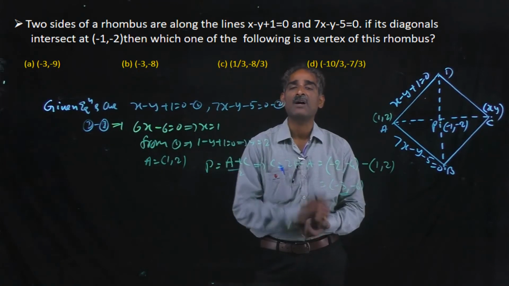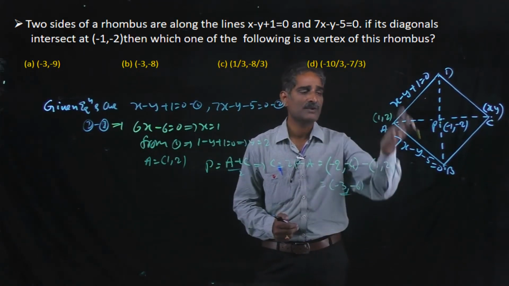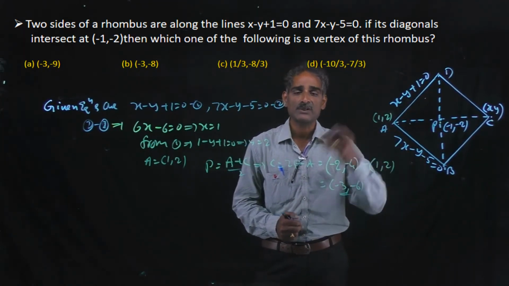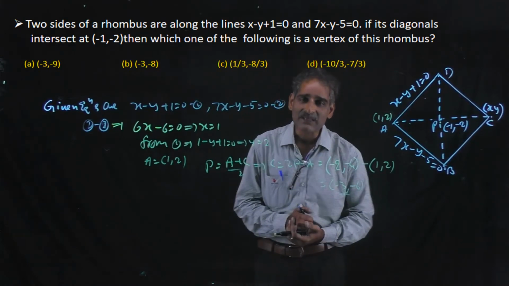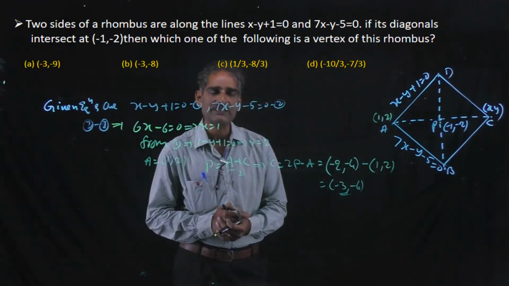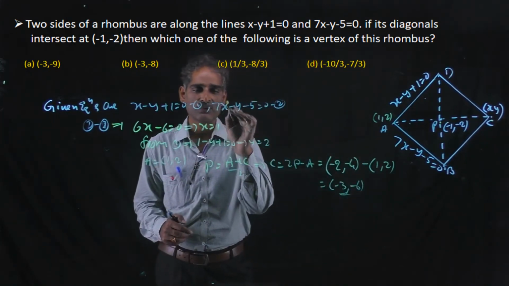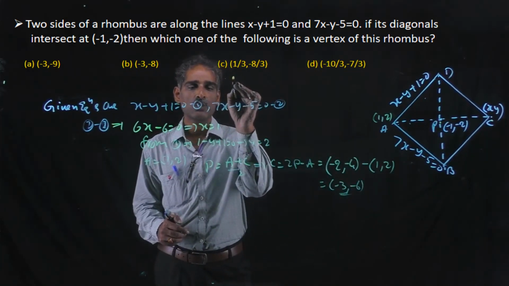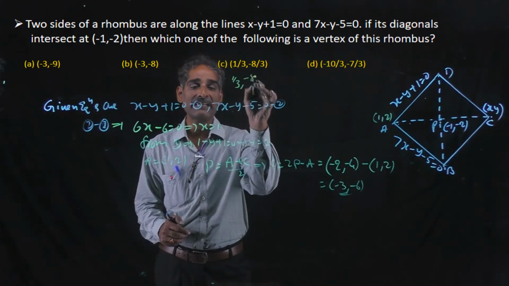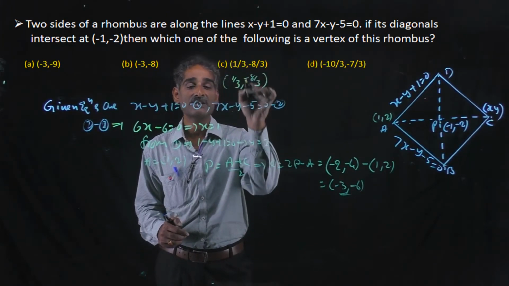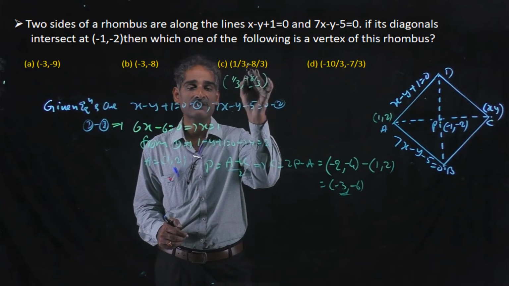So now verify the options. Just verify the options in these two equations. Just observe that 1 by 3 comma minus 8 by 3 is there. That is here the third option is C. Observe that here C is 1 by 3 comma minus 8 by 3. Minus is there, just simply minus.